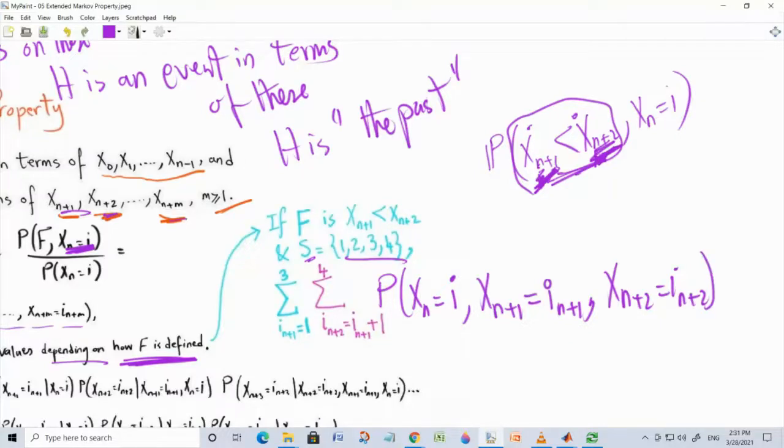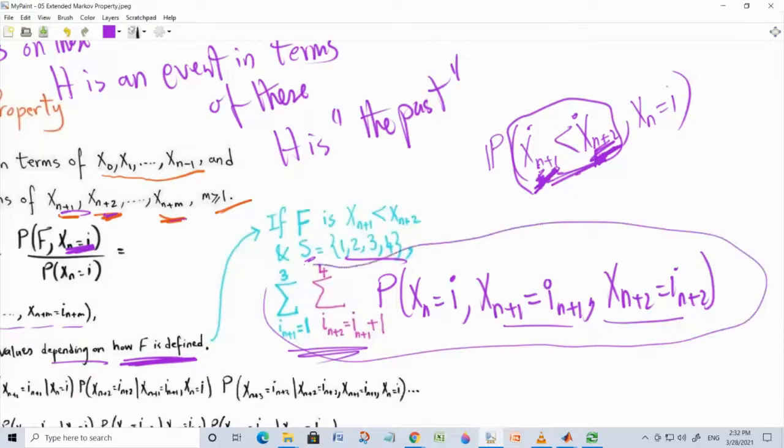Now if you look at the indices of the sum and how they change, this one is from 1 to 3, the other one is from i_{n+1} plus 1 to 4, so what is the event? Suppose I do things in reverse. I give you this expression and I tell you to find the event f.